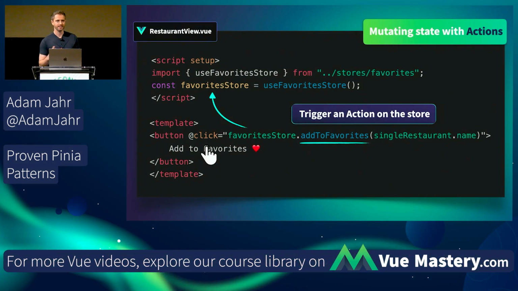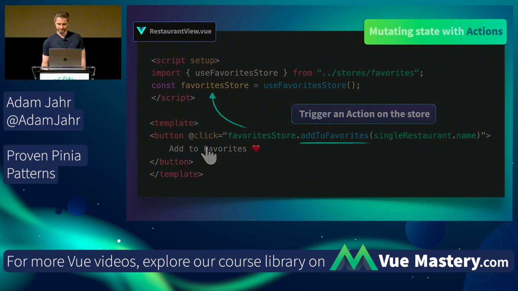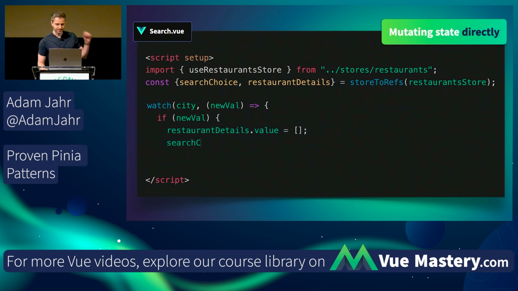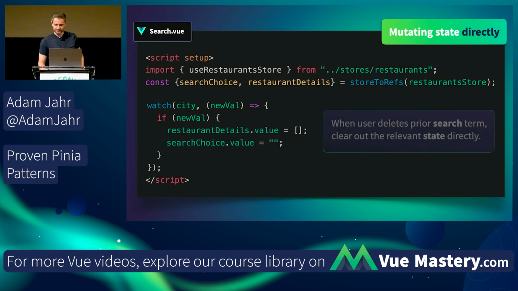And some people, because they're familiar with the Vuex way of doing things, are surprised that this is not the only way that we can be updating our state in Pinia. Because we could also change our state, for example, directly by assigning a new value to the state property. So in this example, we have a watcher on the city value, and if the user deletes the city, we clear out those state properties directly, so the user then can start a new search.